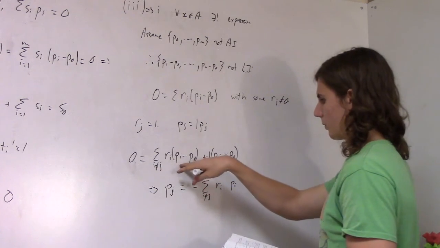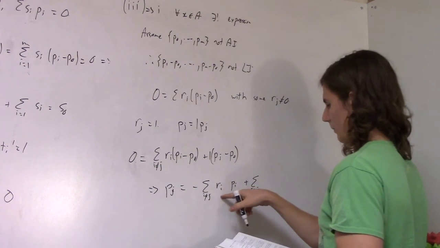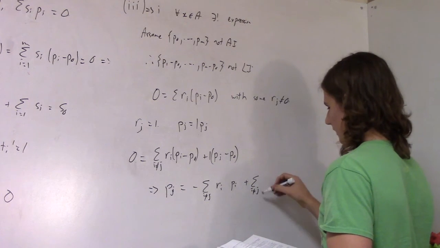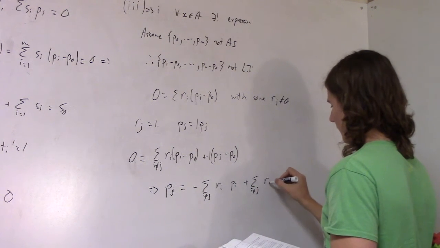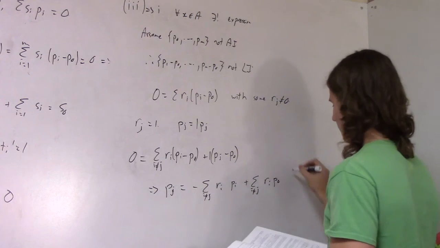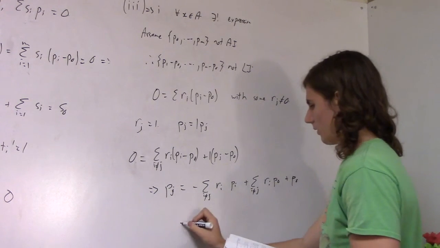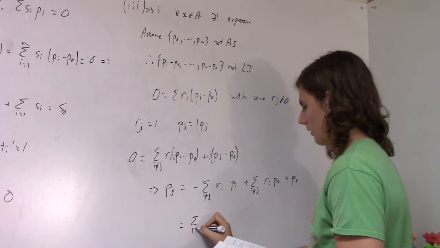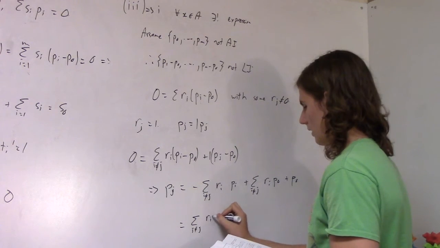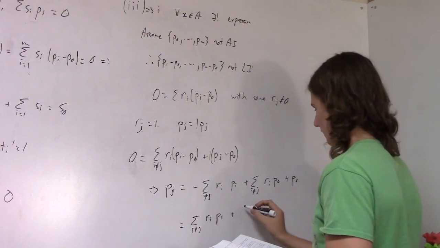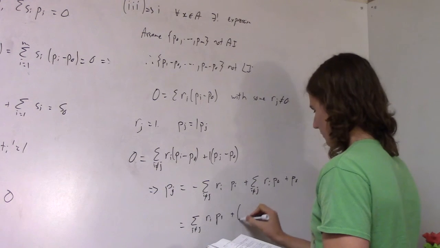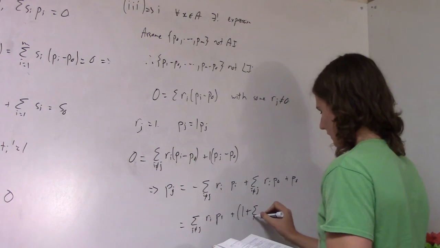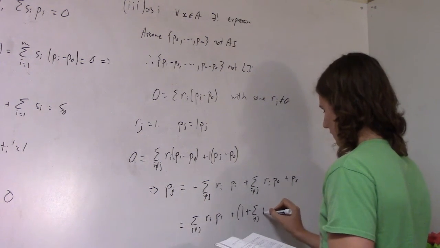Splitting this one up, so you got minus the sum of Ri Pi, plus the sum of Ri P naught, plus P naught, which is equal to the sum i different than j, Ri Pi, plus 1 plus the sum i different than j, Ri P naught.